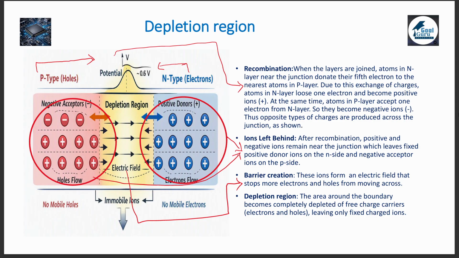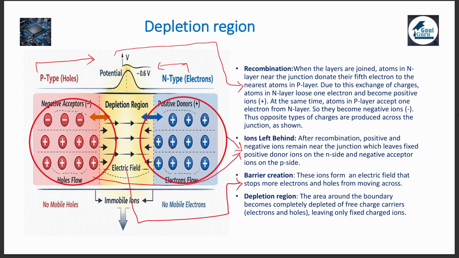Thus, opposite types of charges are produced across the junction as shown. This is called recombination. That means when the electrons go to the p side, they are accepted by the p side atoms occupied by the hole, and this process is called recombination.